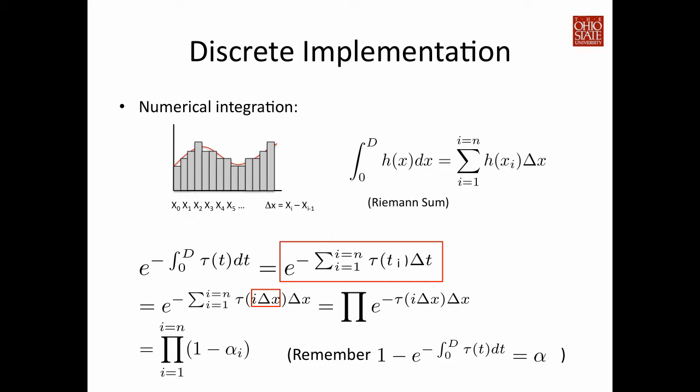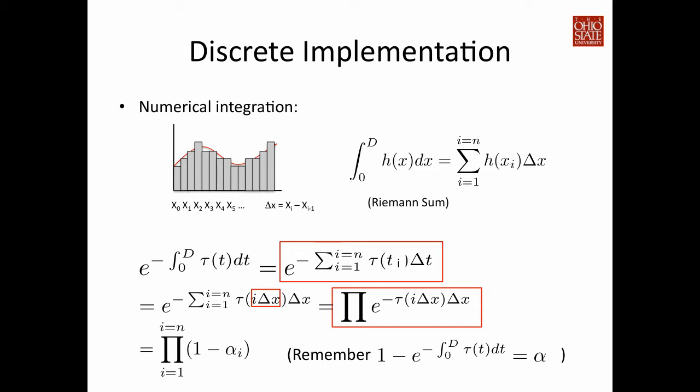So each ti is i times delta x, and the delta t I simply replace with delta x. After we have the sum, we can replace this e to the power of the sum by a sequence of multiplications. Each term, we evaluate the tau function for the input parameter i times delta x.